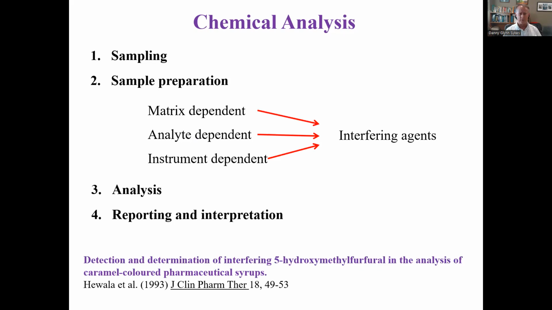So if we look at sample preparation, it's really going to be matrix dependent, analyte dependent, and instrument dependent, because there are interfering agents and masking agents and all sorts of things that can get in the way of a good method for determining accurate, or as accurate as possible, concentrations of analytes of interest. Down below, the link to that paper is something I thought was interesting, in terms of an interfering compound in the analysis of pharmaceutical syrups.